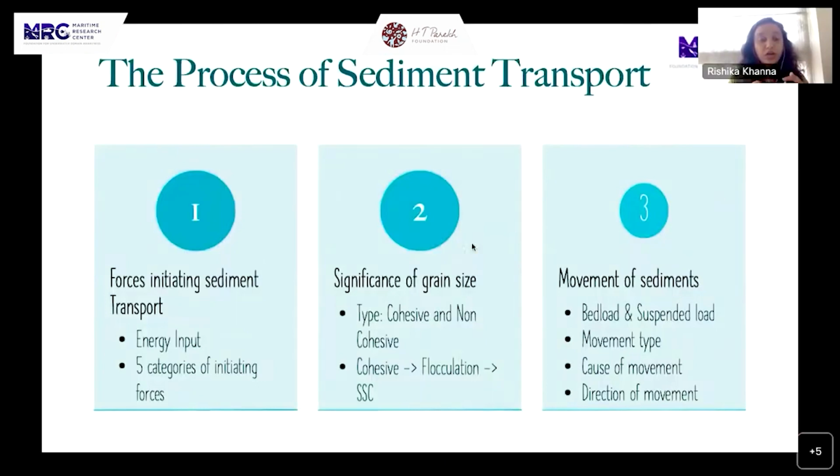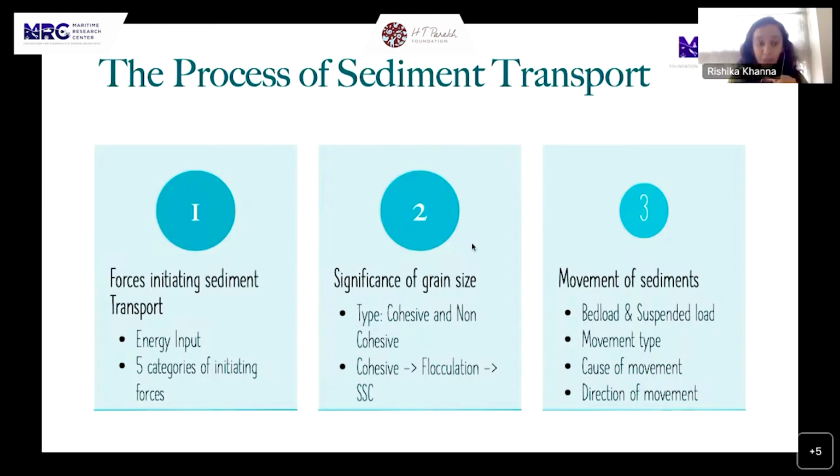So I would start with what covers the process of sediment transport. There are three aspects. First, the forces which initiate the sediment transport system, the significance of grain size in sediment transport, and how the movement of sediment takes place.